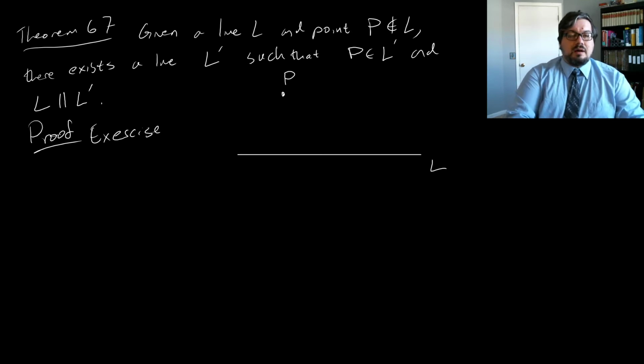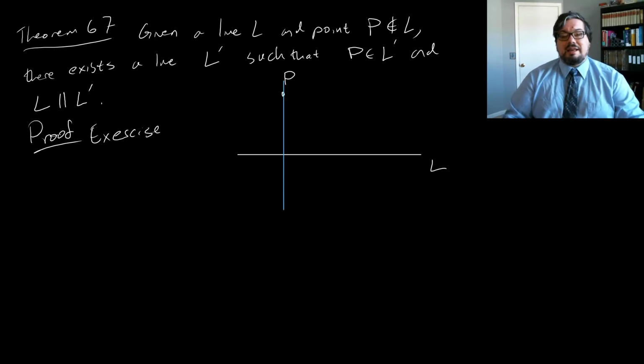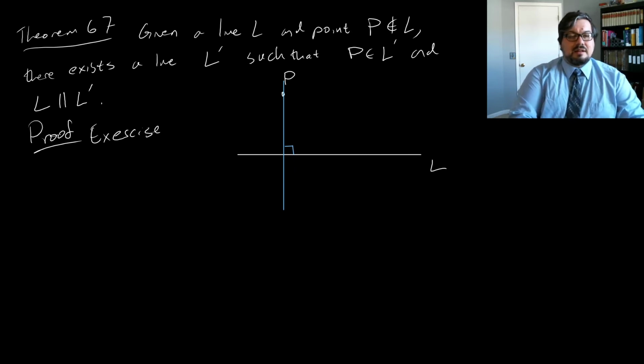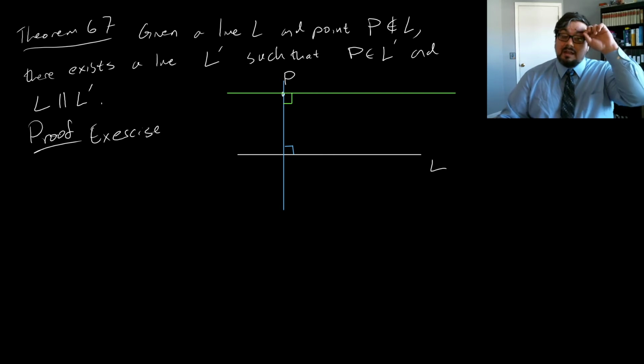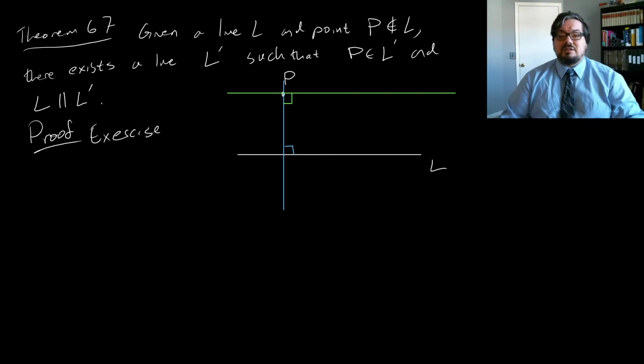So if you can somehow construct a line here, this blue line, in such a way that it's perpendicular to L, and then construct a line that goes through P that's perpendicular to that one, well then Theorem 66 will tell you that the green line is parallel to L, which is what we wanted.